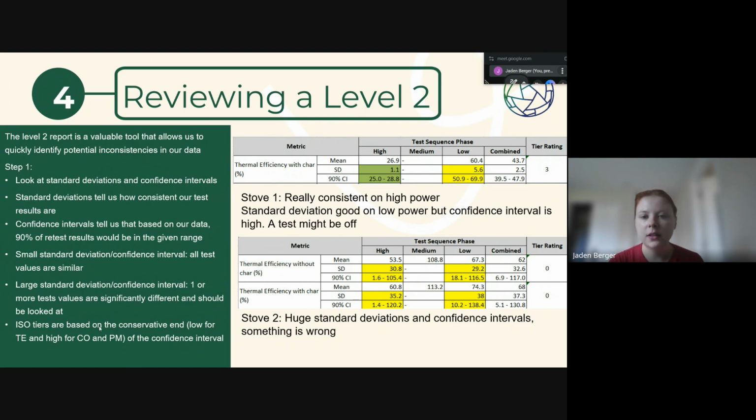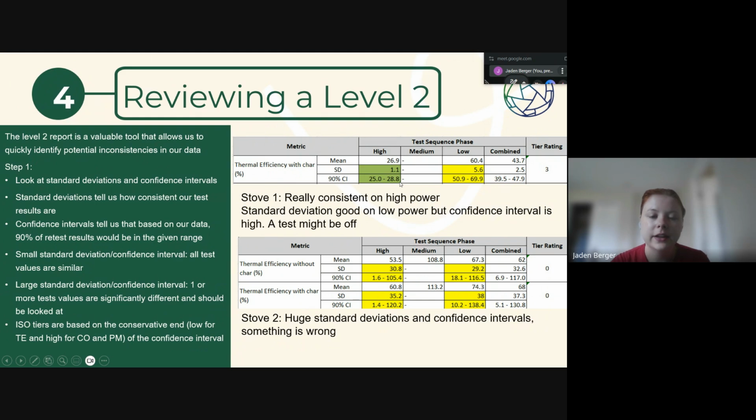So step 1, this first page is going to pull up on your ISO report, and it's going to show you the average of a few different metrics, and then it's going to show you 2 other numbers. So it's going to show you standard deviation, which is basically telling you how consistent all of your averaged values are.